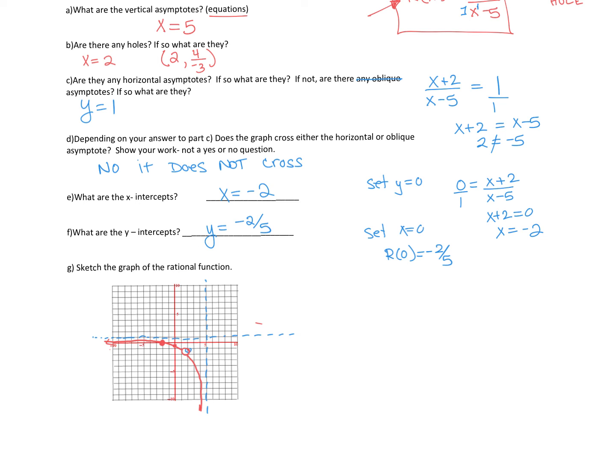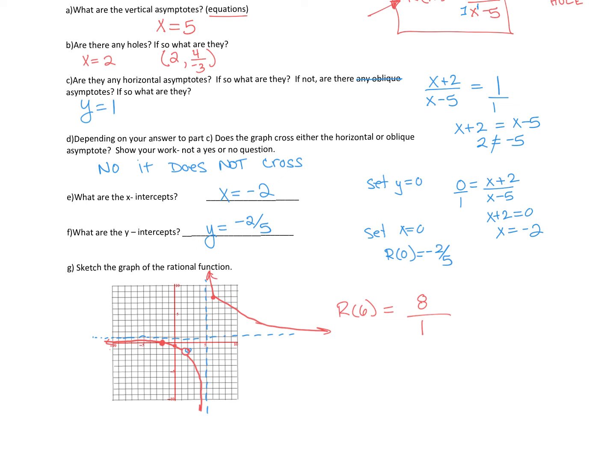So it might be nice to know, if I plugged in 6, what would r of 6 be? Well, r of 6 would be 6 plus 2, which is 8, over 6 minus 5, which is 1. So we would be here. Oops, I think I just messed that up a little bit. 6, 8. And we would have something that looked something like this.